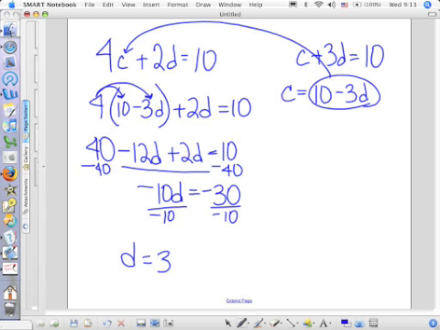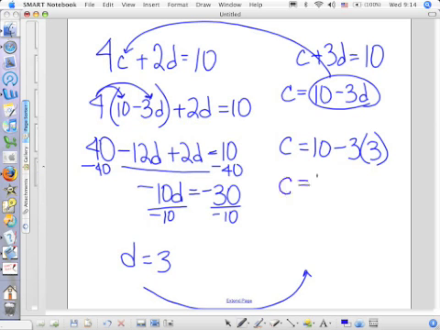And now I've got to complete my circle. I've got to come back to the first equation that I started with and see what C is equal to. Because C is equal to 10 minus 3 times D, and D is 3. So C, is that 7 times 3 or 10 minus 9? 10 minus 9, order of operations. We must multiply first.